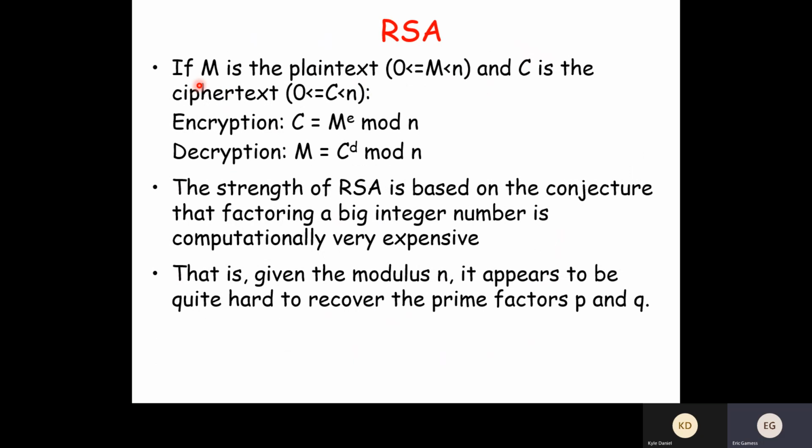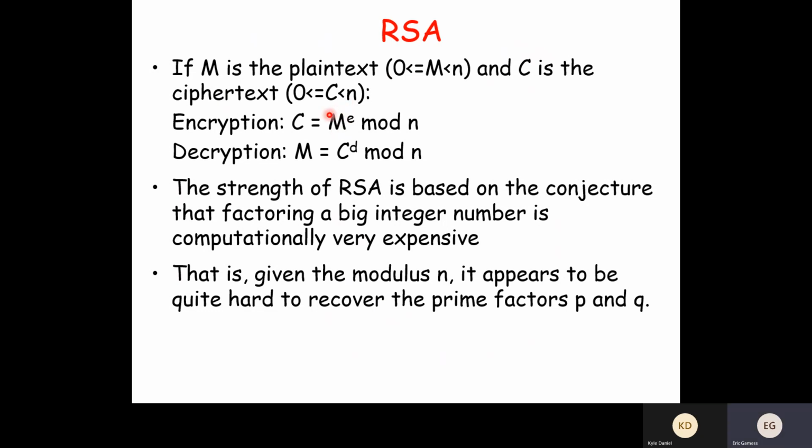So let's say that we have a plain text message that we want to encrypt. It will be an integer between 0 inclusive and the modulus exclusive, which is P times Q, the two prime numbers. The ciphertext will also be an integer between 0 inclusive and the modulus n exclusive.